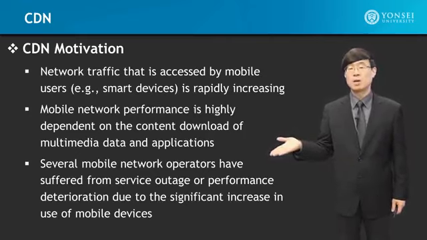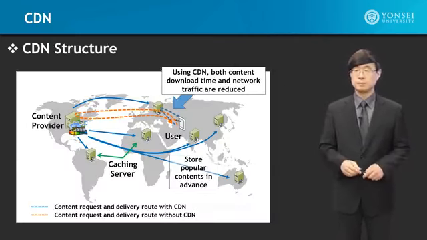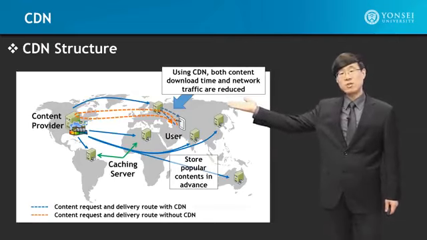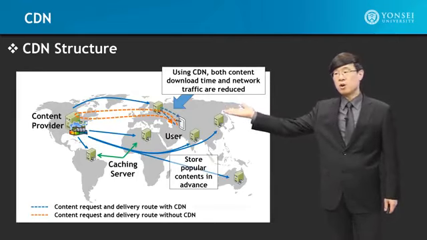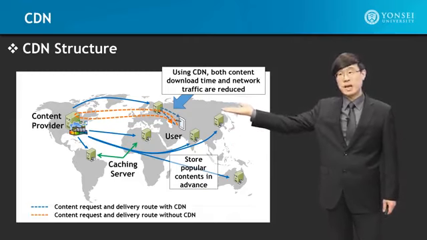How do you reduce this effect? CDN technology is critical. For this example, the content provider may be way over there in the United States, where the users are in all these different countries. For example, maybe YouTube, downloading video.